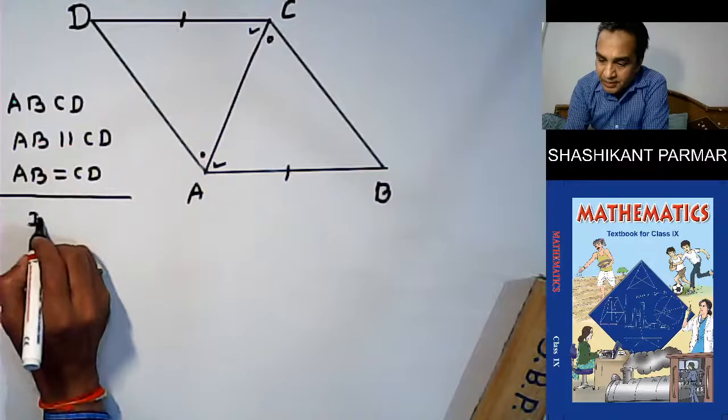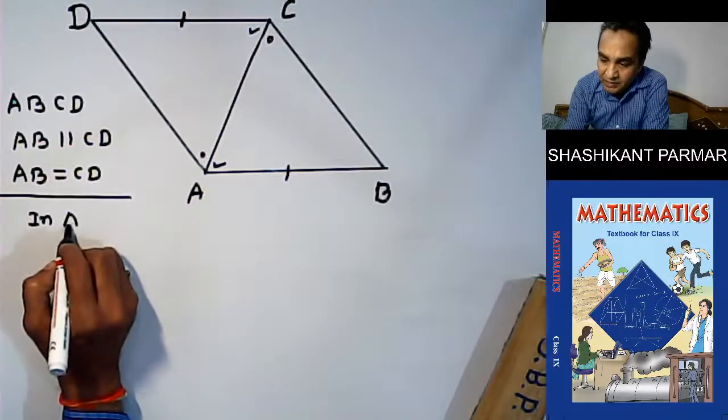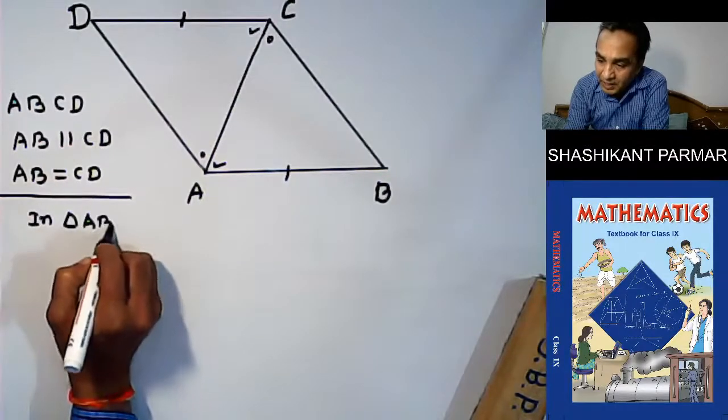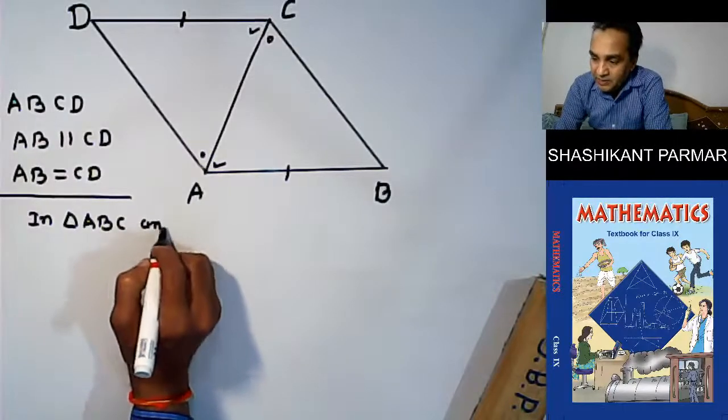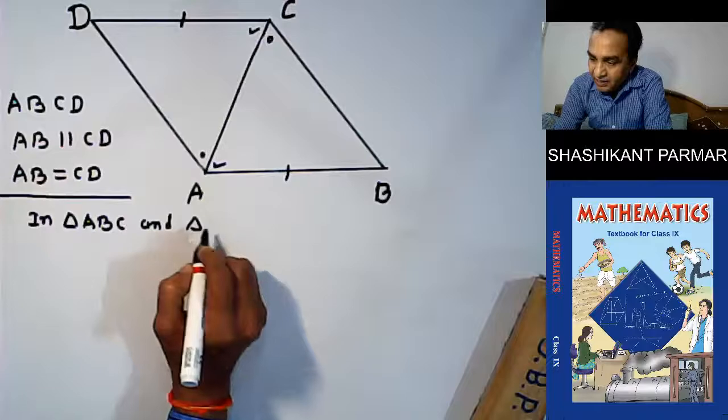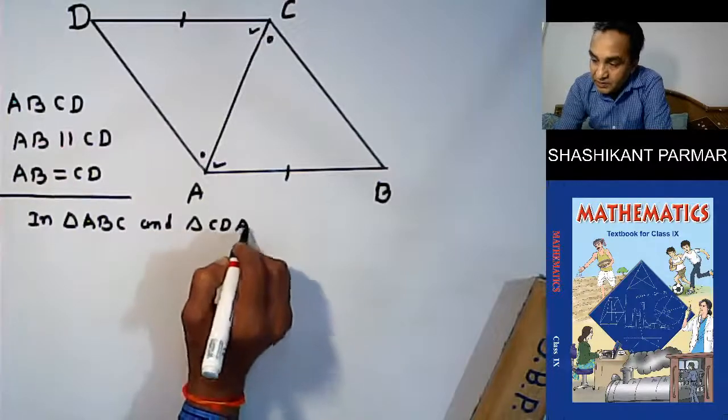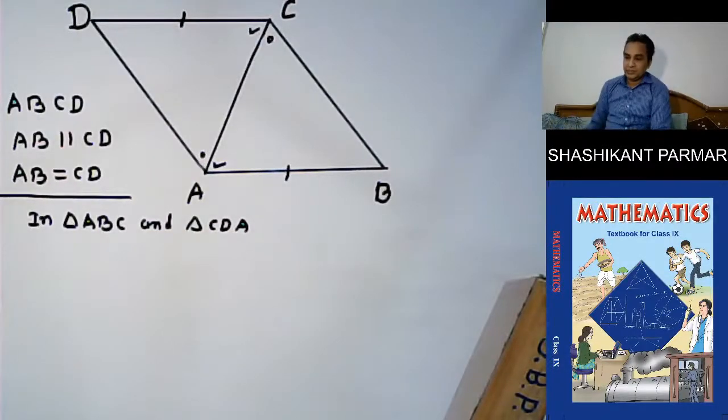So in triangle ABC and triangle CDA, see here, ABC and CDA.